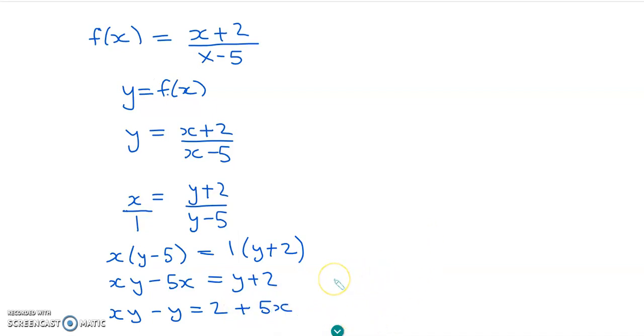So now I'm going to finish it up here. Let's continue. We have the y's on the left hand side and the non-y's on the right hand side. What we notice is that these two terms on the left have a common factor, which is y. So we can factor a y out on the left hand side.